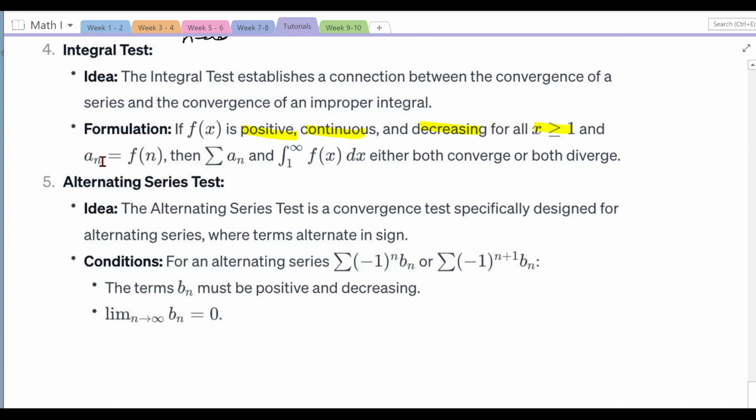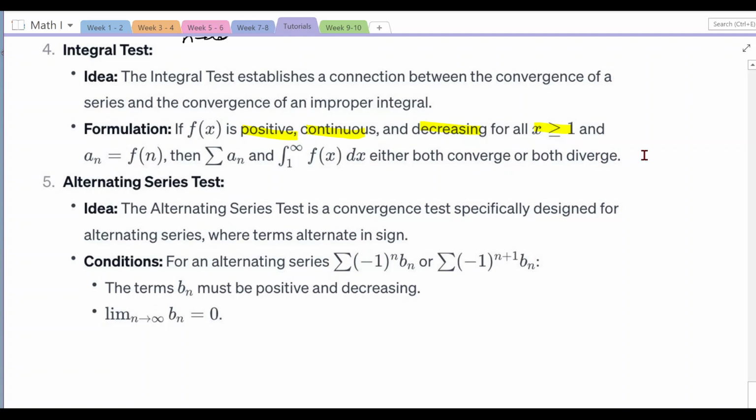And then for the series, a sub n equals the function in terms of n, the series, summation of a sub n, and the integral between 1 to infinity of that function with respect to x dx, either both converge or both diverge.